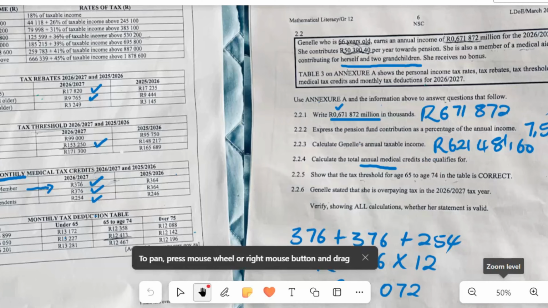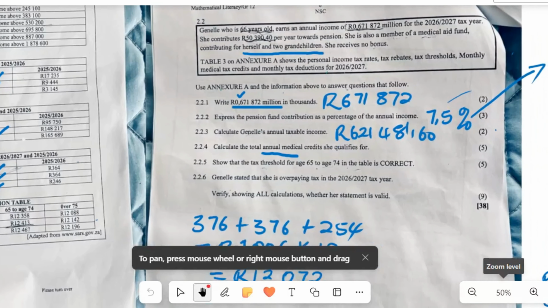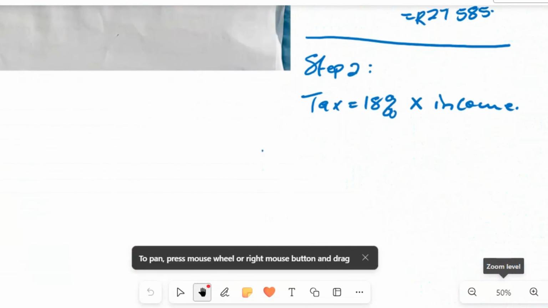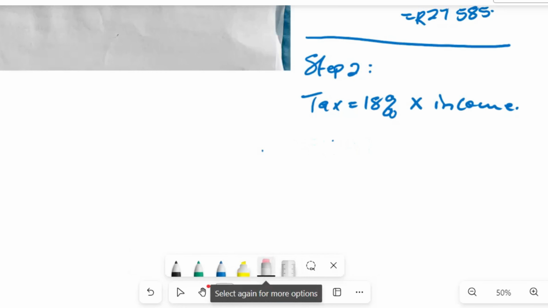So we will equate, just to check how much income this is going to be. So we'll say tax equals 18% of the income.